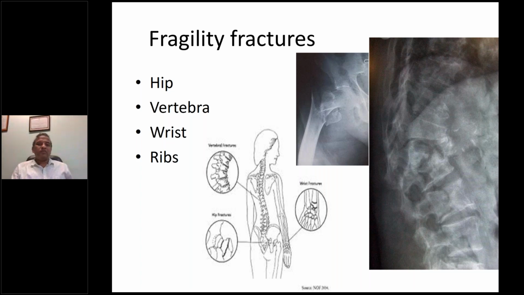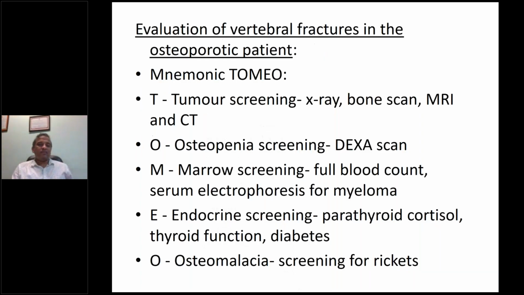For the evaluation of a vertebral fracture in an osteoporotic patient who comes to OPD, what do we need to screen before we label it osteoporosis? The mnemonic is TOMIO. First is tumor. We must screen for tumor by X-ray, bone scan, MRI, and clinical evaluation for other sources of tumor, taking a proper history of any bleed or mass somewhere. Then osteopenia screening or DEXA scan.